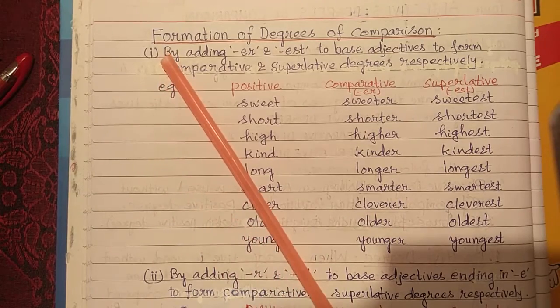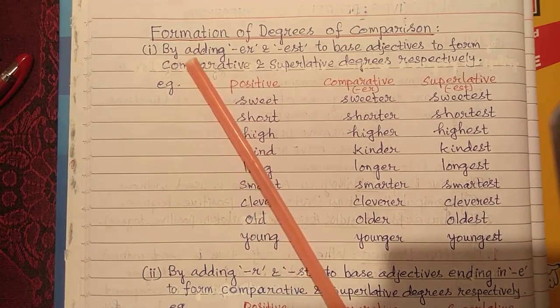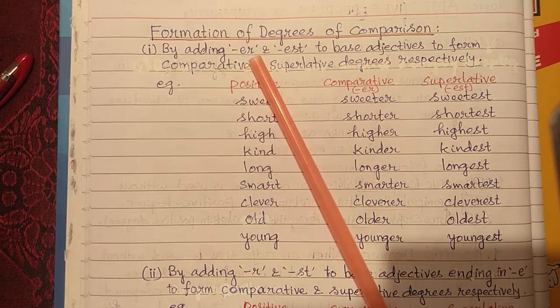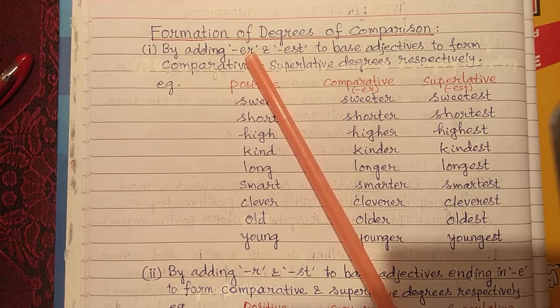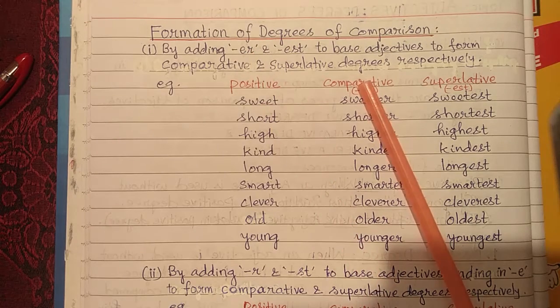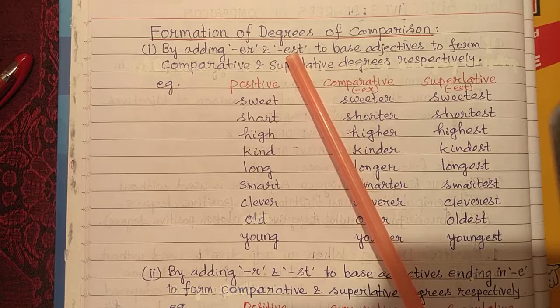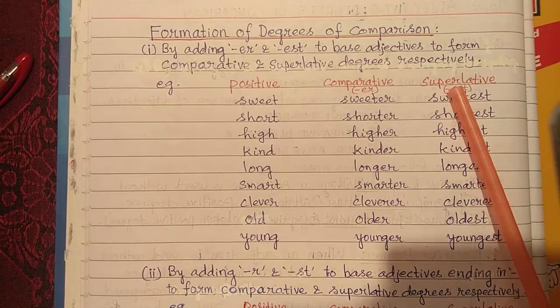The first rule says we add er to the positive adjective, to the adjective to form comparative degree, and est to the adjective to form the superlative degree.